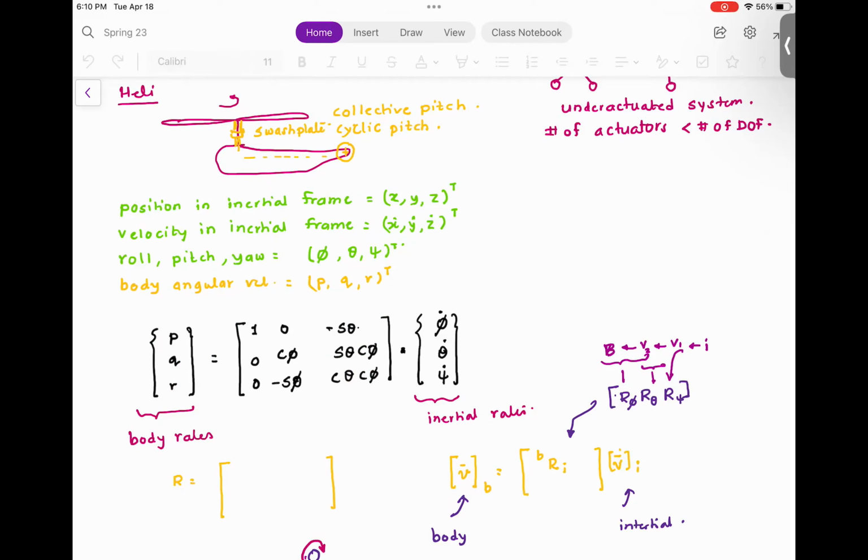For example, initially, when the quadcopter is stationary, roll and pitch are determined from the accelerometer measurement, and then they are used in this expression to propagate. Then in every iteration, you can use a complementary filter or a Kalman filter to update and then find out the inertial rates. Inertial rates are integrated to find out the inertial angles.